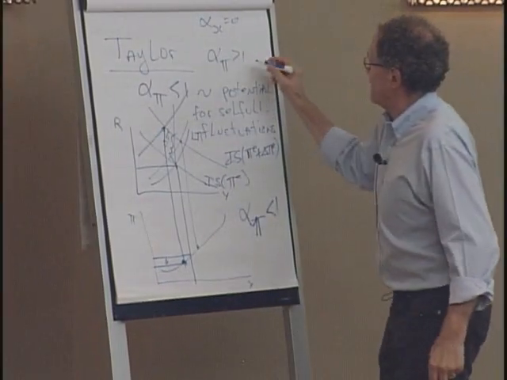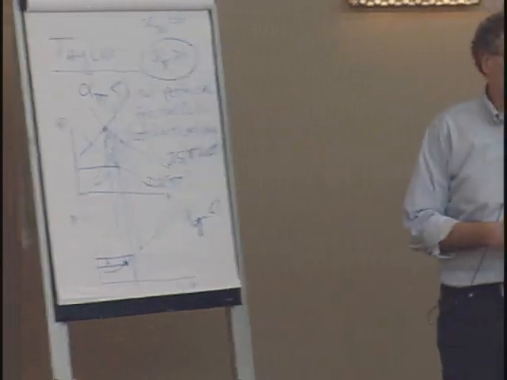It's also a rational expectations equilibrium. So in particular, the Taylor principle logic says, make sure your alpha pi is bigger than 1, because if it's less than 1, they're going to create instability in the economy.